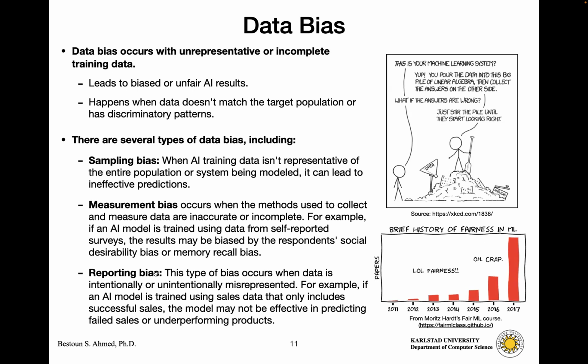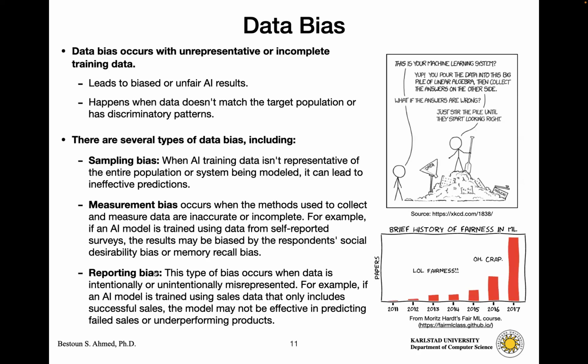There are several types of data bias. Sometimes during sampling, you create some bias when the AI training data isn't representative of the entire population. Sometimes measurement bias happens when the method used to collect the measured data is inaccurate or incomplete.